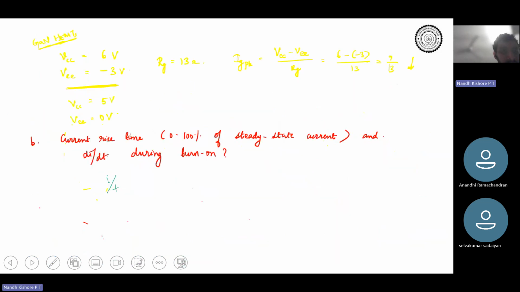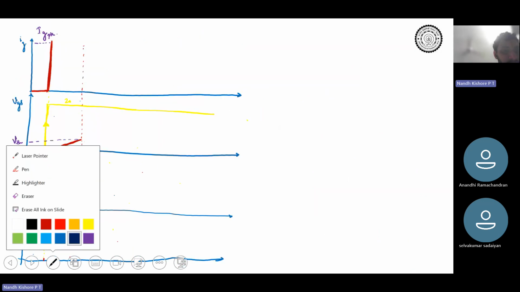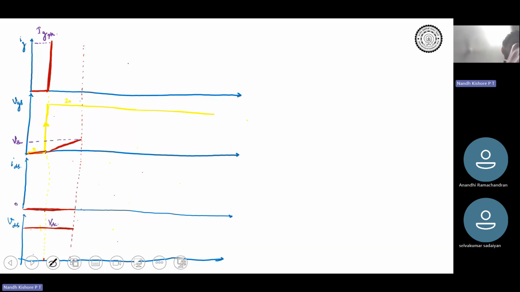Similarly, IG peak occurs at this particular instant, and then it would decrease. Since we have assumed a linear increase in gate source voltage, I will assume a linear decrease in the gate source current.